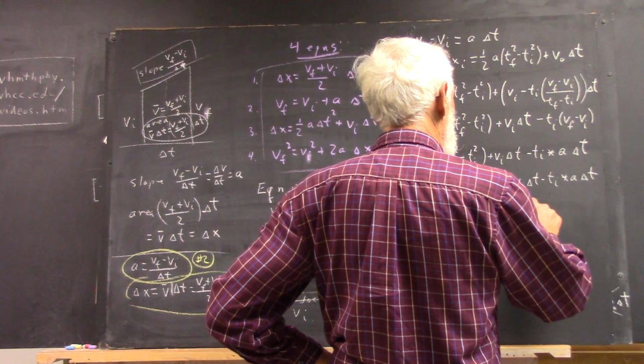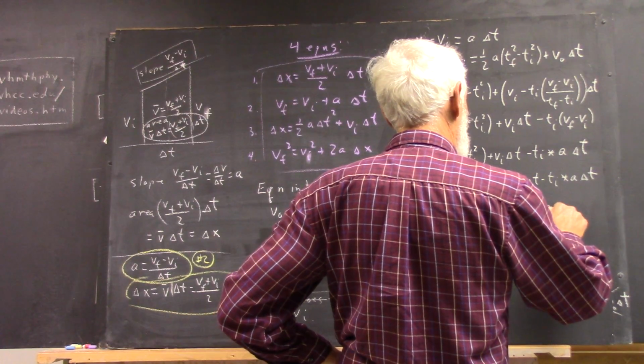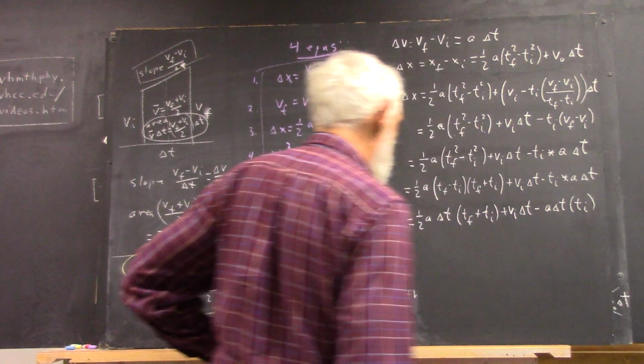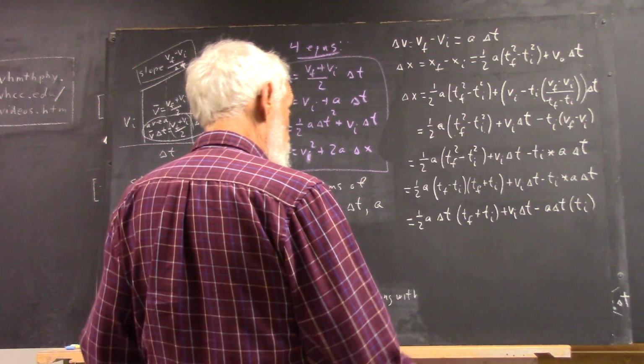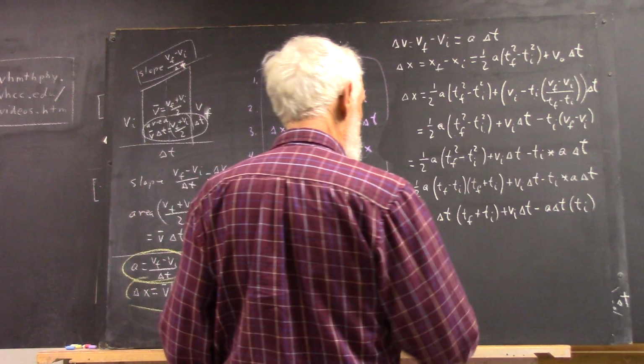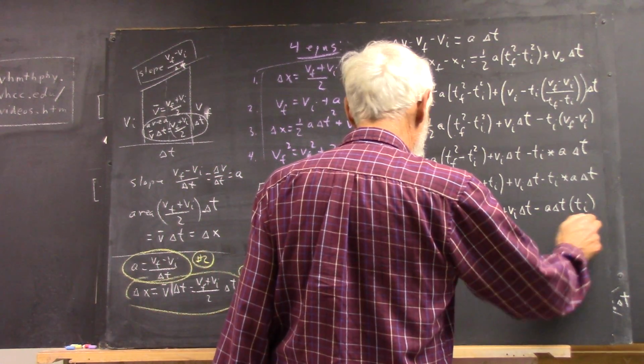So we got VI delta T here, minus, I'll write A delta T as A delta T times TI. And now I can factor out my A and combine this with this.